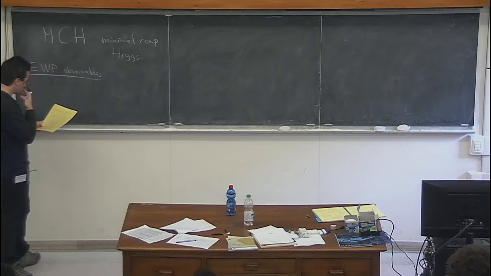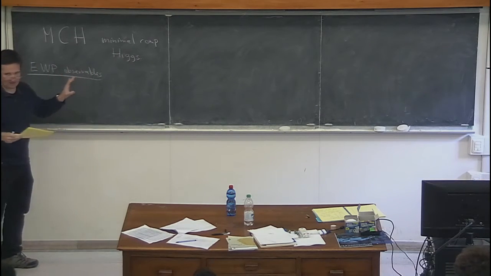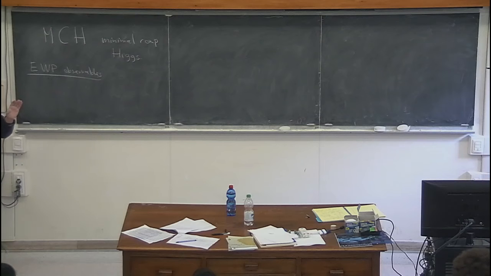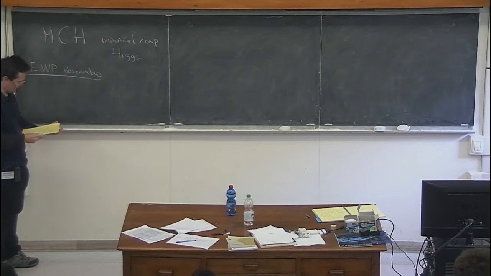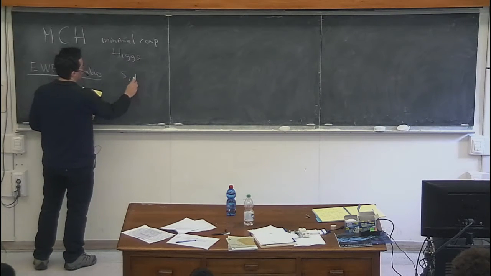Okay, so I will not talk in detail about what actually these electroweak precision observables are. That's something that could be a possibly nice exercise for the discussion session with Javi later today. I just mentioned that there are objects that are called the S and the T parameter.